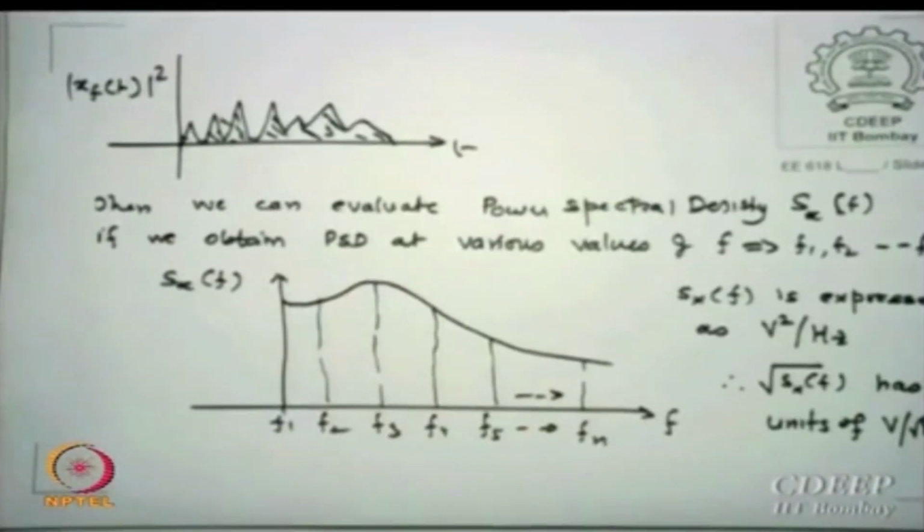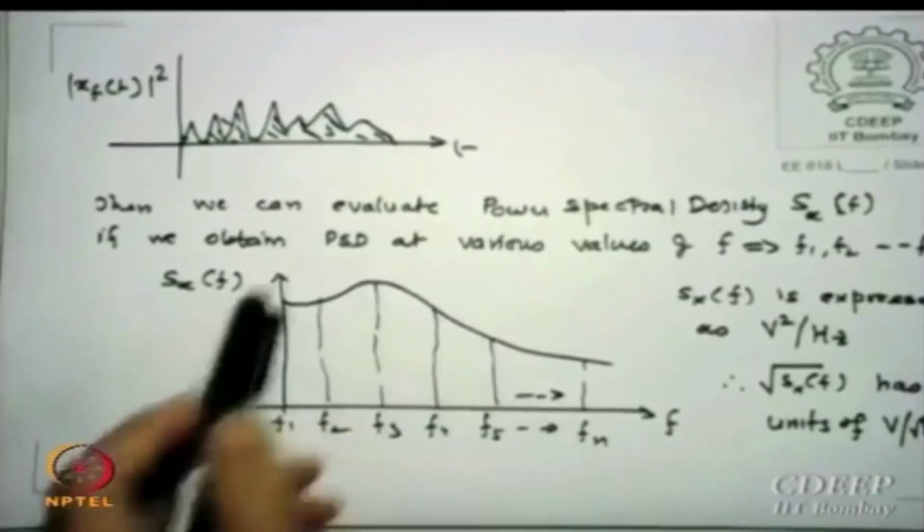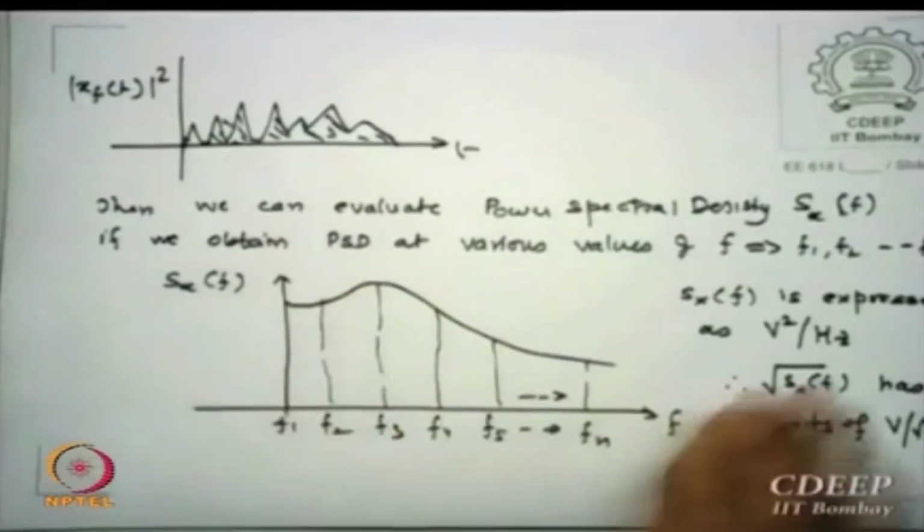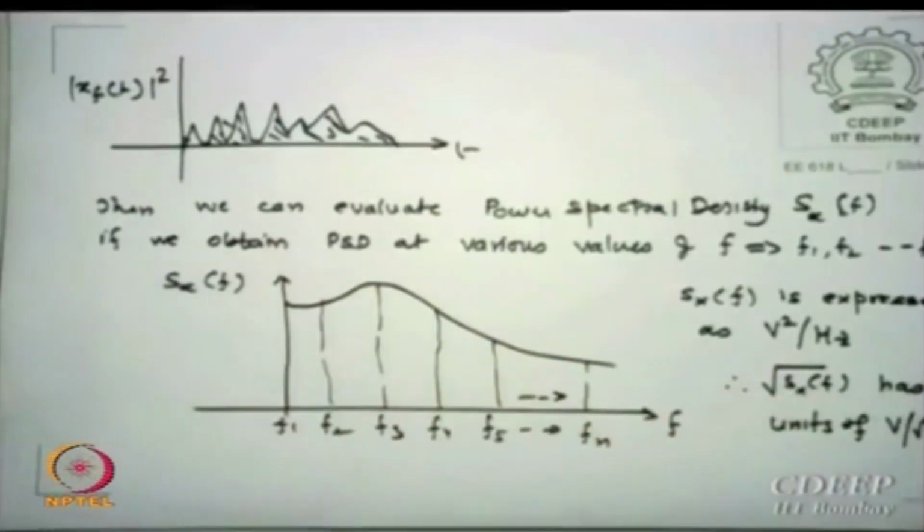This is called the noise spectrum or power spectral density SXF. Of course this is random, it is not that everyone gets the same curve. This is some random figure which I draw, this is the kind of spectrum we get for noise.